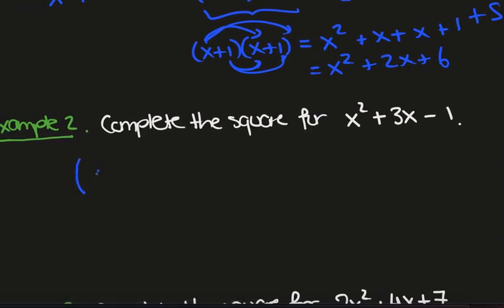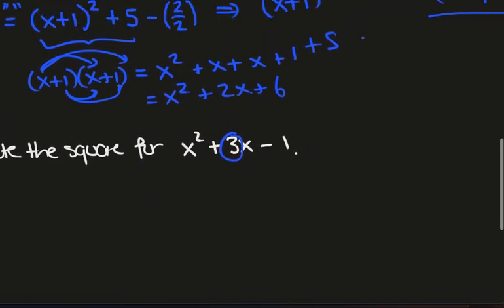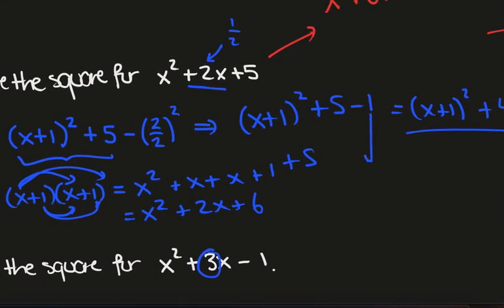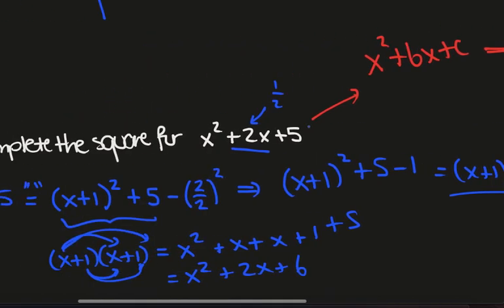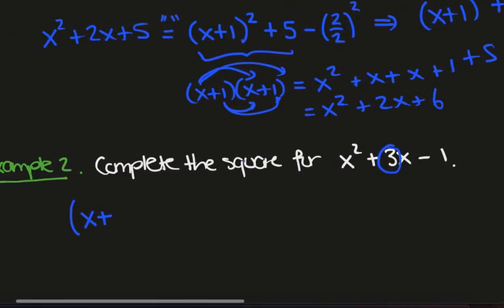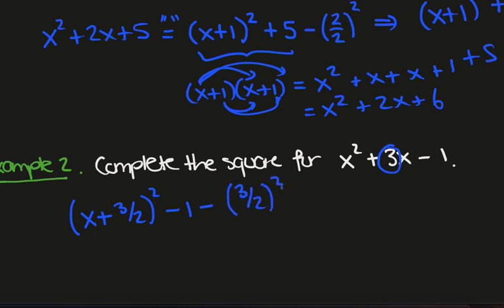So we're going to take x plus the coefficient here, which is 3. According to the formula, we divide it by 2, so we'll get 3 over 2, and square it. There's a minus 1 there, and we'll have minus (3 over 2) squared.